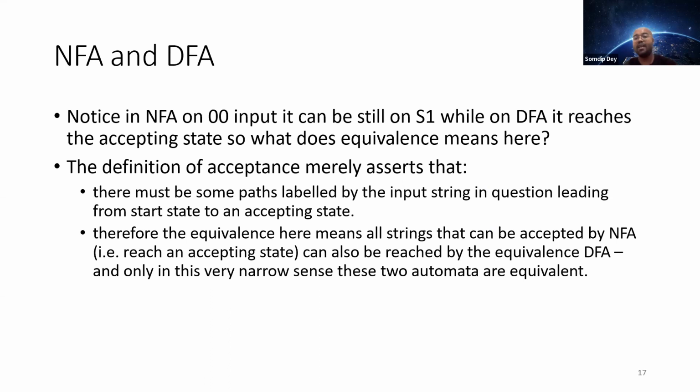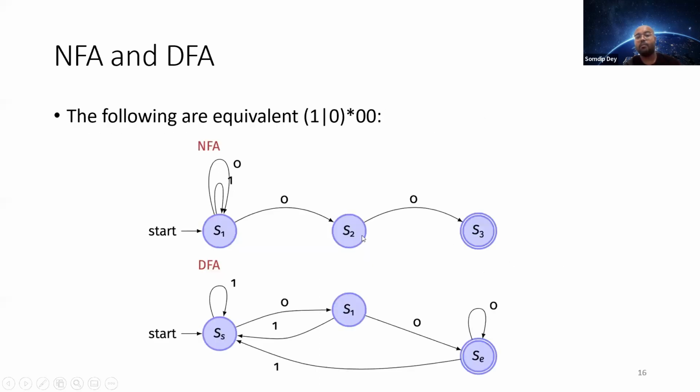Therefore, equivalence here means all strings that can be accepted by the NFA can also be reached by the equivalent DFA. I hope that makes sense: to reach the accept state from the start state, the input string has to be the same for the NFA and the DFA as well. For this case, it is 00.